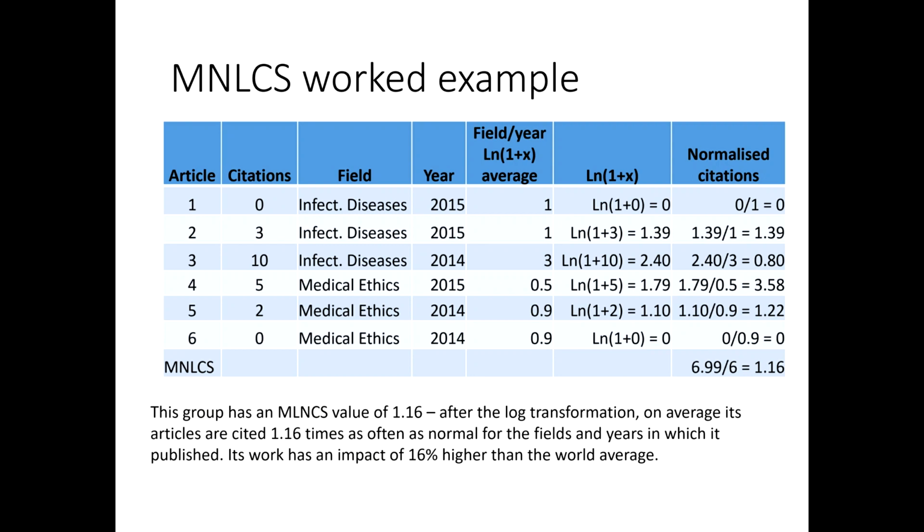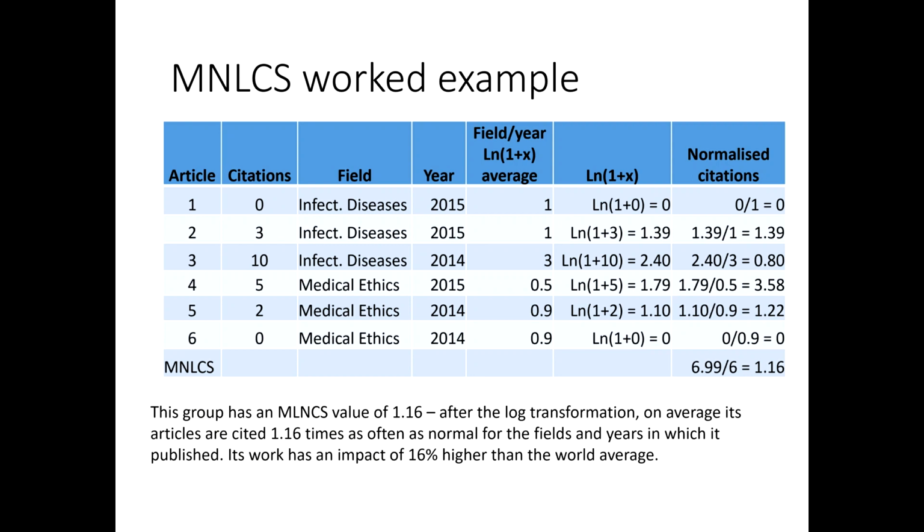So we start with the second column, and we log transform it to get the 6th column. The 0 will be log transformed to log of 1 plus 0, which is still 0. 3 would be log transformed to natural log of 1 plus 3, natural log of 4, which is 1.39, and the same for all of them.